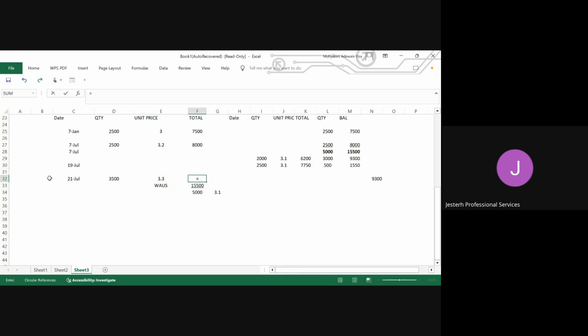Very simple, though the same approach that we used in the last class. It means the value of what they purchased, now let me copy this and bring it down, is 11,550 naira.